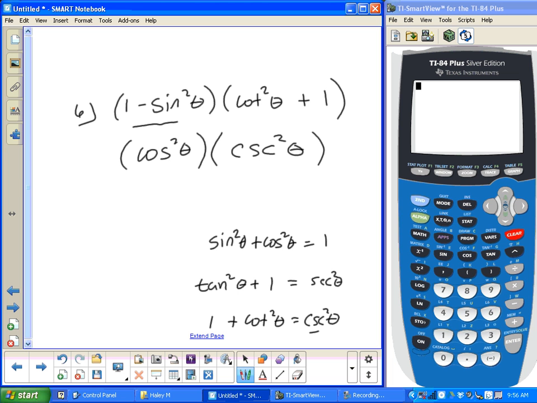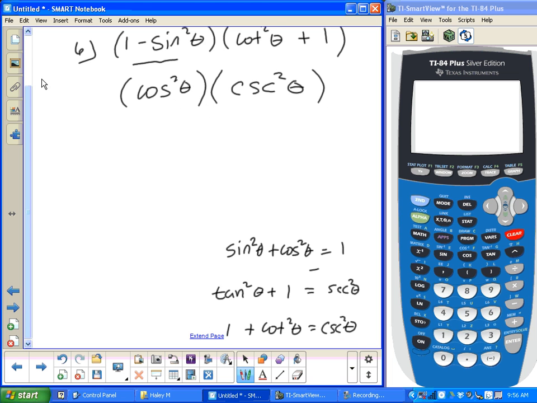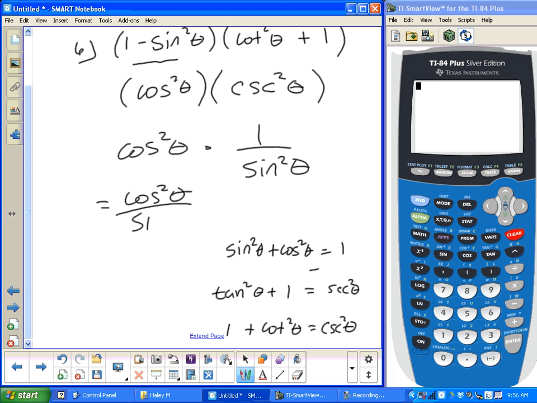That got rid of those ones. Now they're multiplying, so let's change everything to sine and cosine. So we get cosine squared theta times 1 over sine squared theta. Nothing's going to cancel out. That leaves me with cosine squared theta over sine squared theta, which is cotangent squared.